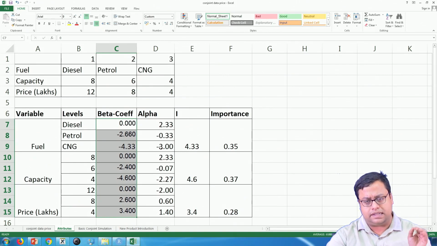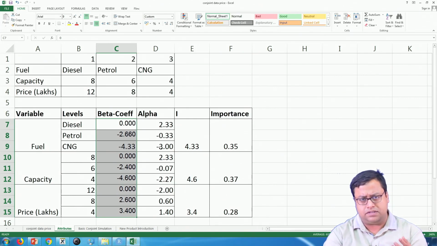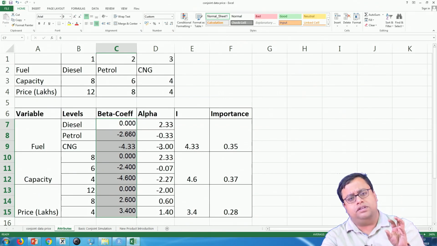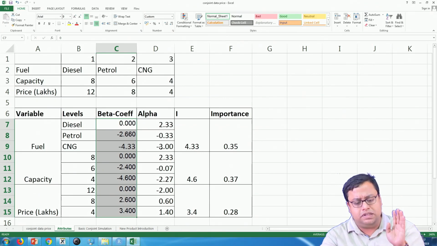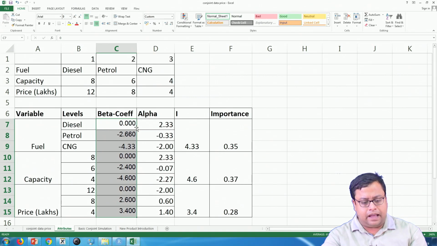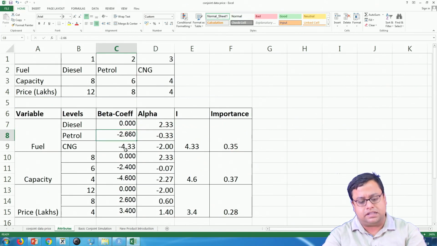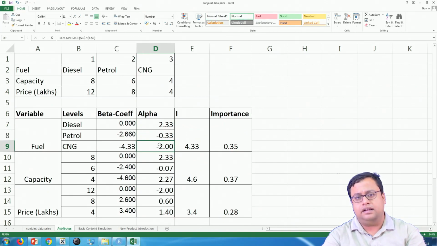So, they say change it in such a way that the alpha coefficients of each attribute, if you add them up, should be 0. For example, I change it in such a way that if I add these 3 up, it is 0, but the distance between 0 to this is still there, the distance between minus 2.66 to minus 4.3 is still there, and so on.